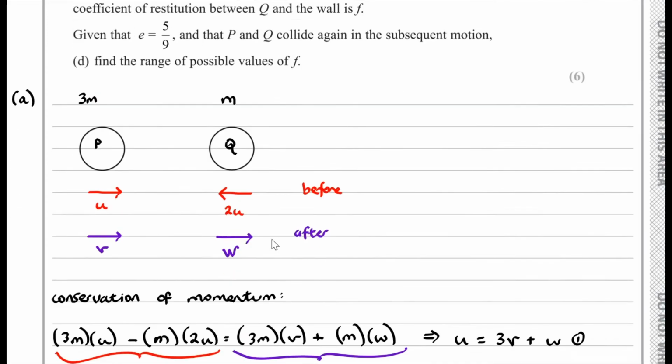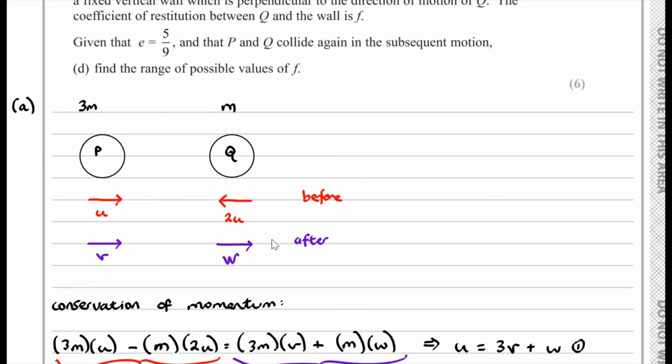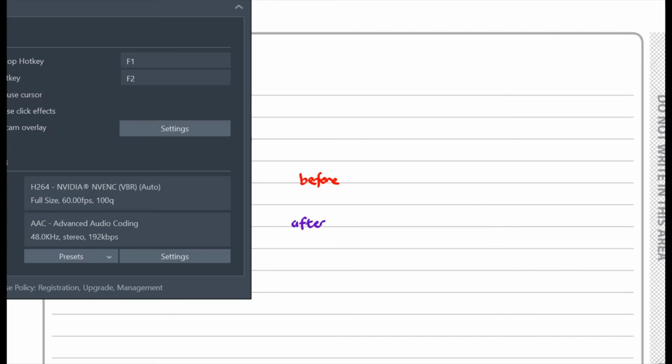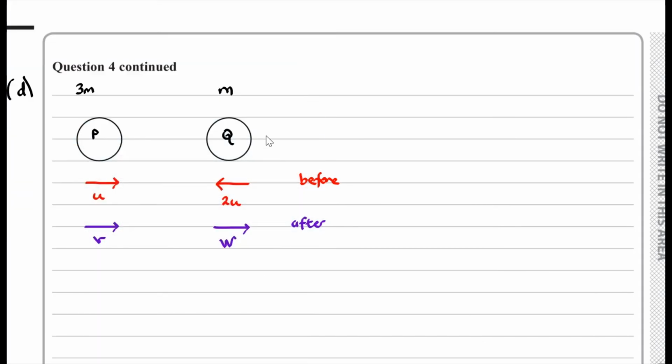Okay, so for this part of the question, let's redraw this situation. I've just redrawn the situation, and if we quickly draw ourselves some sort of a wall like so.